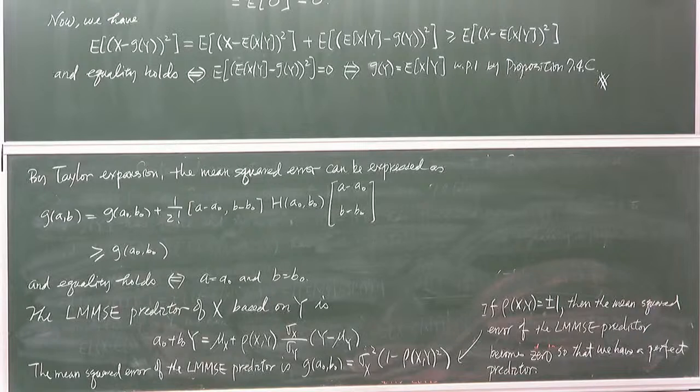So you can propose the degree of the predictor as a polynomial function and find the best one. But you may need more statistics from x and y. Any questions?